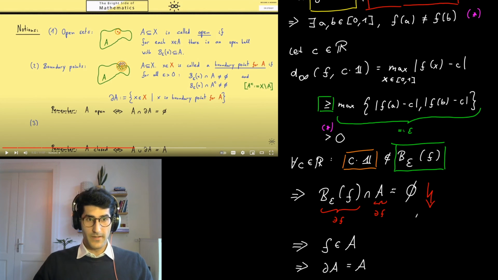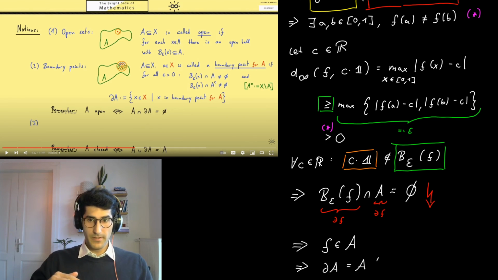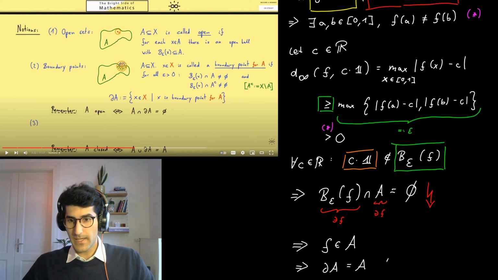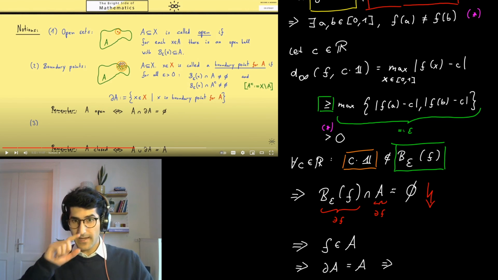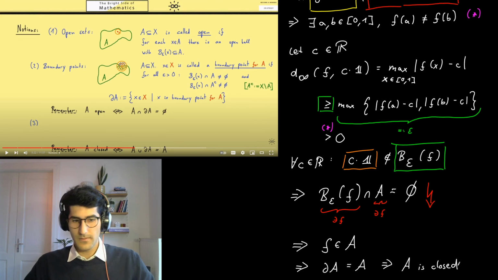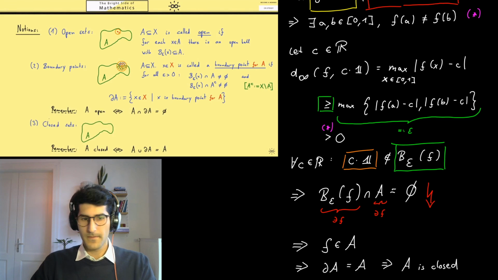So, in other words, we have shown that A is not open, A equals the boundary. So we can also say now with the new terminology that we have, A is closed. However, that's not what one uses as the definition for closed sets.